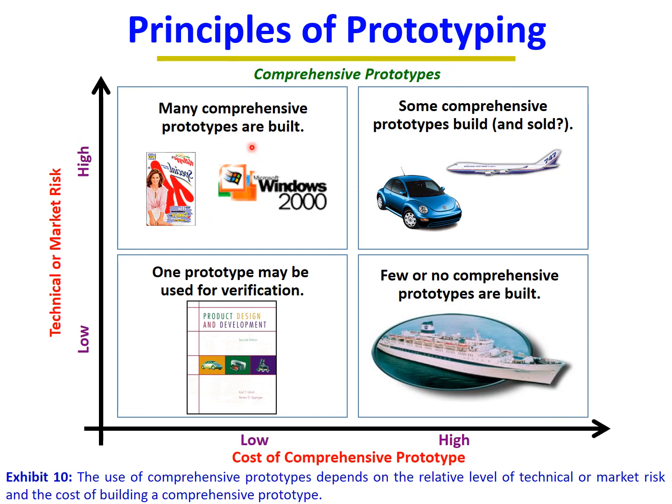The risk is high and the cost of prototype is high. So in this case, some cars, some aeroplanes, you do some comprehensive prototypes only, but you definitely do it, because though the cost of prototyping is very high, the risk of not doing is very big. So this type of chart, with cost on one side and risk on the other side, is a very good type of study to do to decide how many prototypes you will actually make or not make.